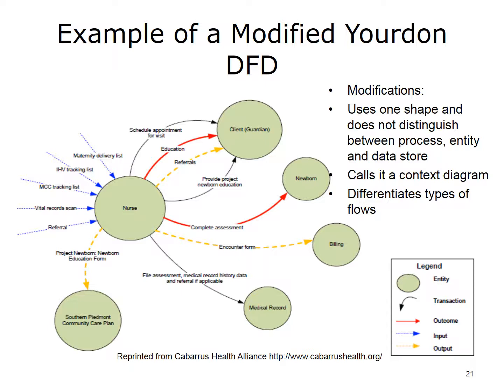In Yourdon parlance, because it is high level, it would be called a context diagram, even though it takes a notational liberty in differentiating the types of flows. Importantly, the diagram met the need for software selection and process redesign in many public health departments. The moral is, take what is useful and do not carry extra baggage.